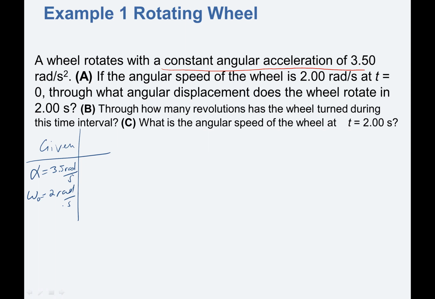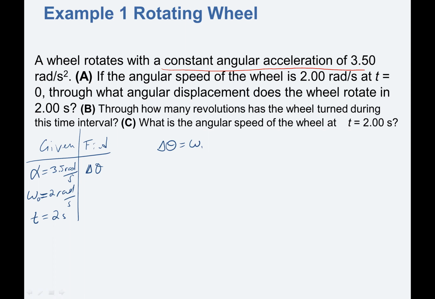Given those two, omega initial and alpha, I want to find delta theta 2 seconds later, when t final is 2 seconds. That means my time interval delta t is 2 seconds. So alpha, omega initial, and t are given, and I want to find delta theta. You go back to the kinematic equations, and you should be able to see that equation 2 will give you this.